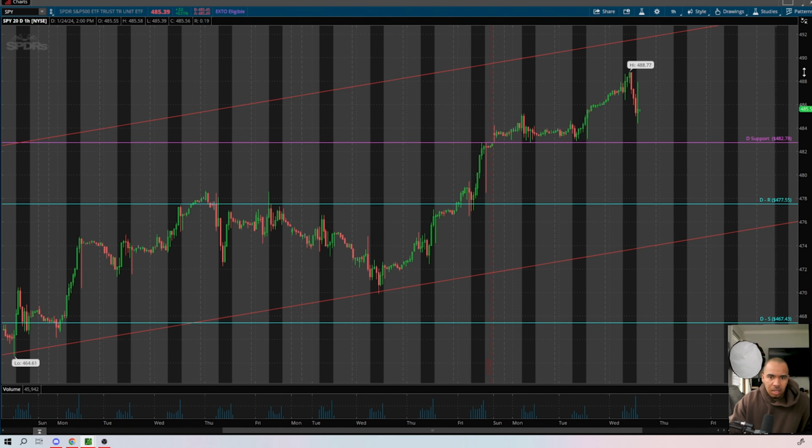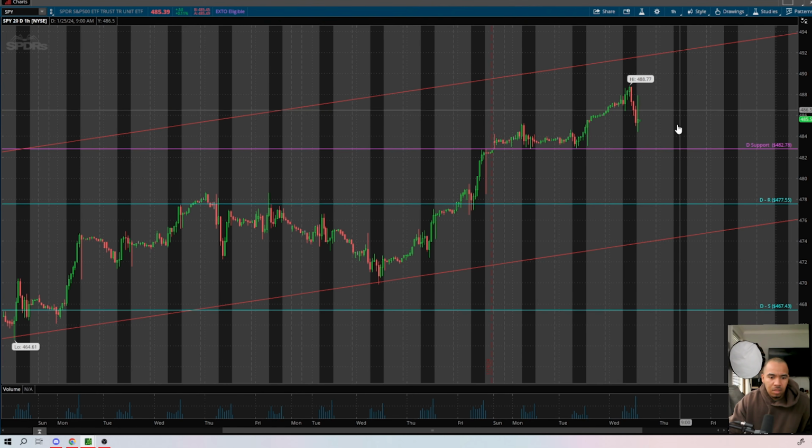Now, I told you guys I would let you know what the pivots are. So basically, pivots are areas where the price turned around, where price changed directions. A lot of times I would draw that out.